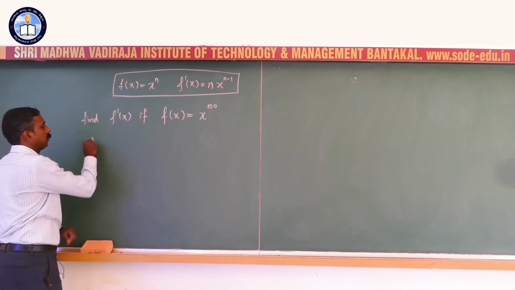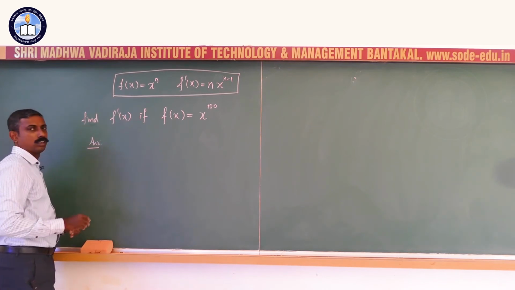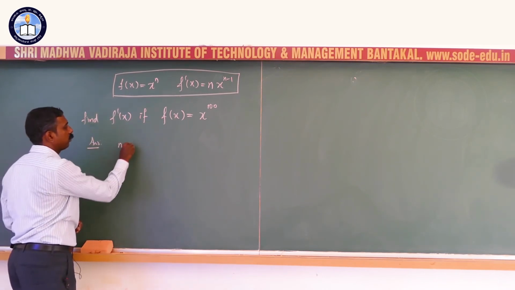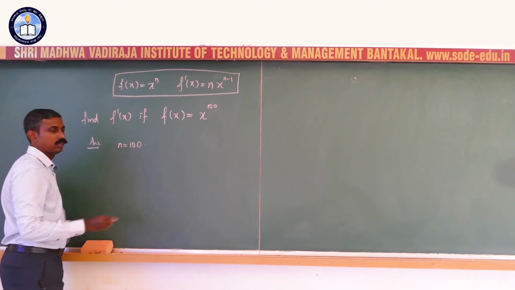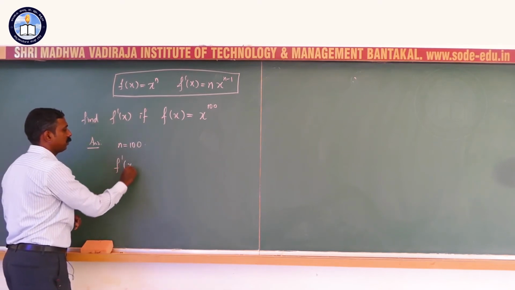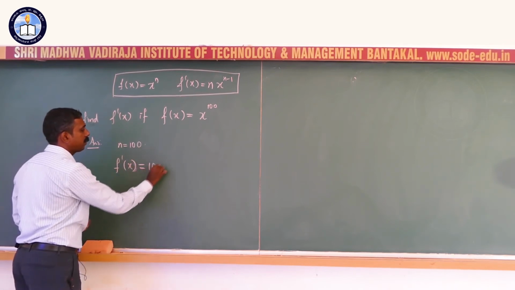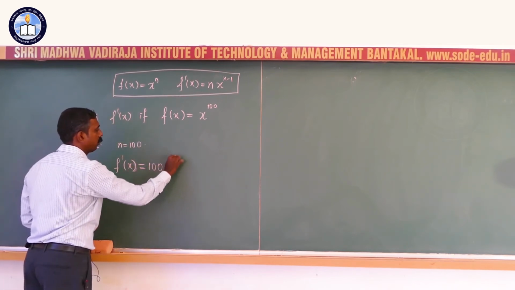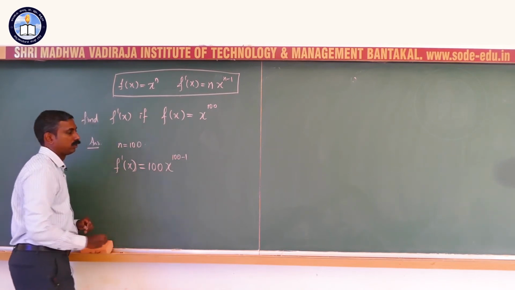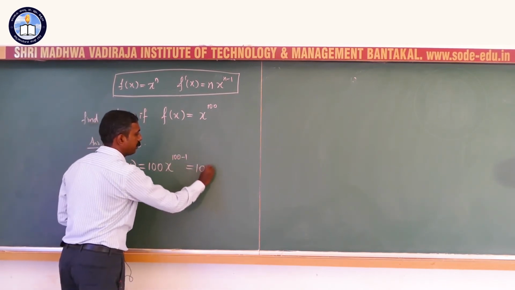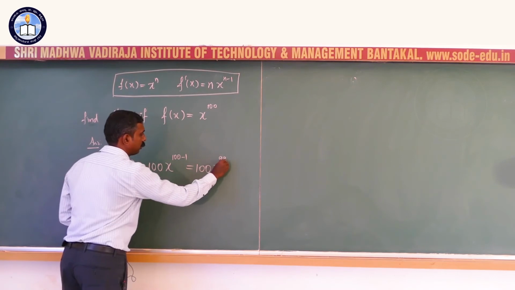So, what is the answer here? Here n is equal to 100. So, f dash of x equals 100 into x to the power 100 minus 1, that is equal to 100 x to the power 99.